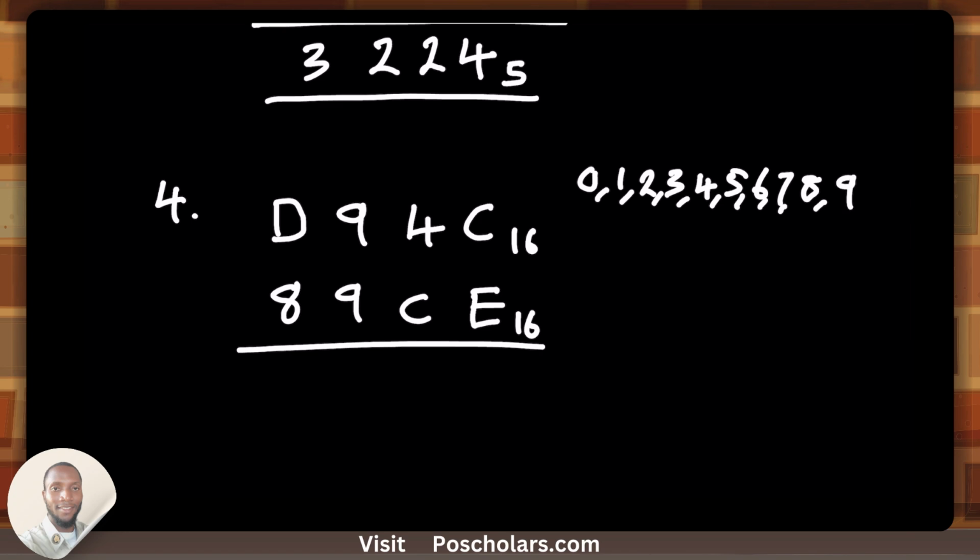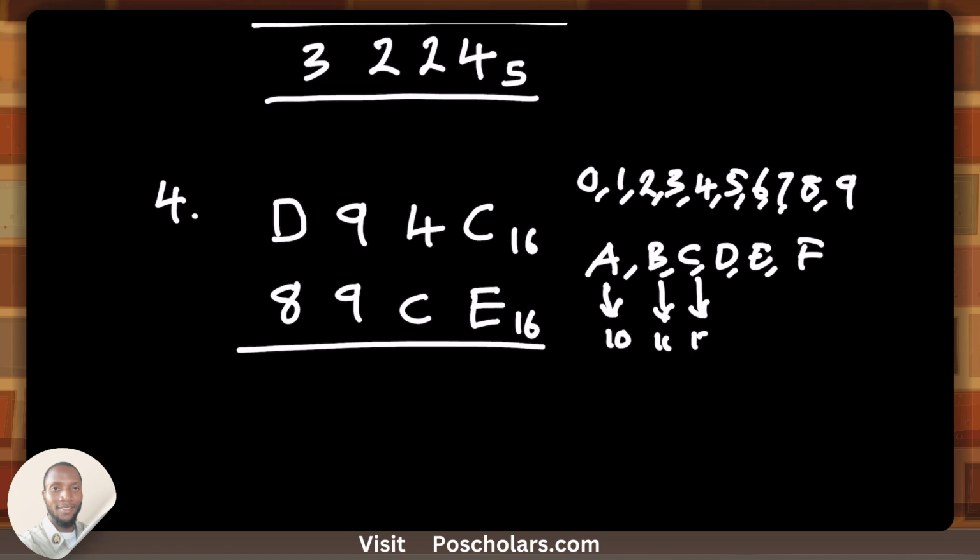Now, instead of saying 10, you write A, B, C, D, E, F. This is how you count in hexadecimal, where A represents 10, B represents 11, C represents 12, D represents 13, E represents 14, and F represents 15. Since we are working in base 16, you should know that the last value should be 15. Do you understand? Now we can subtract.